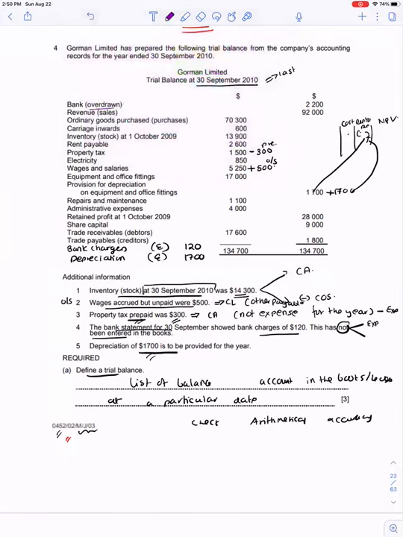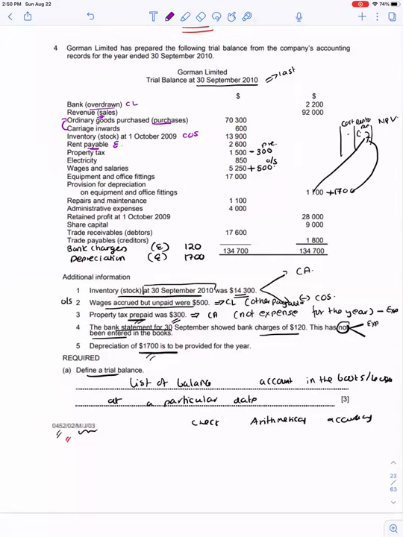Bank overdrawn is a current liability. Revenue, that means sales minus sales return, is already adjusted. Purchases is purchases. Carriage inward is added to purchases. Opening inventory is part of cost of sales. Rent payable: remember, payable means you still have to pay, but in the trial balance, when it is rent payable, you will record it as an expense.